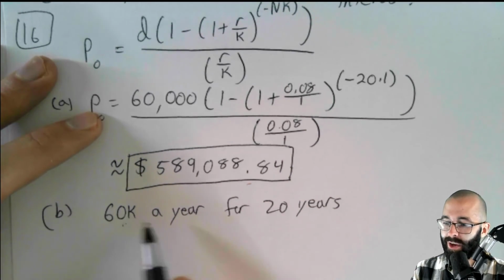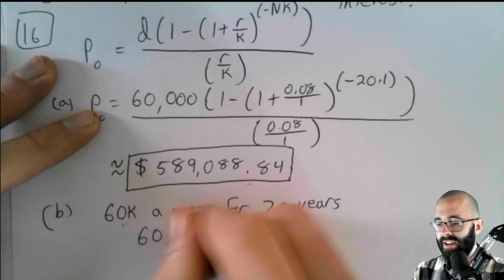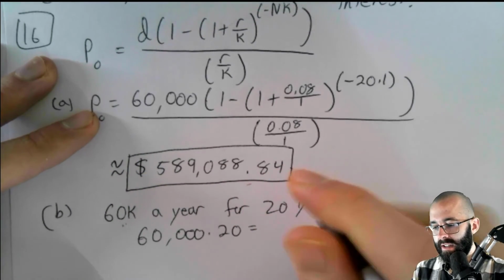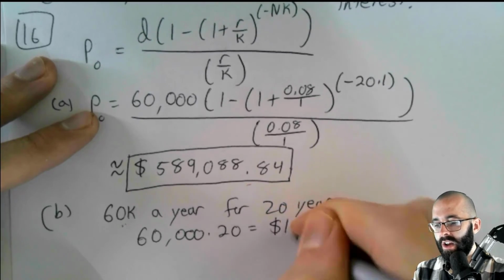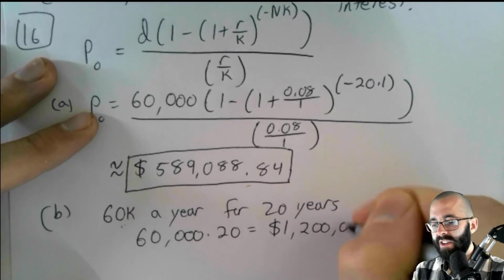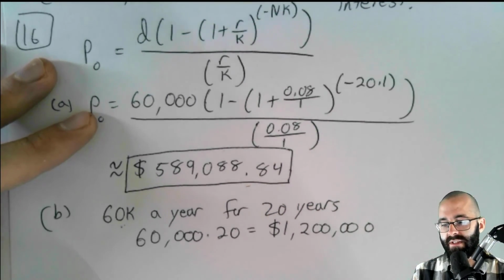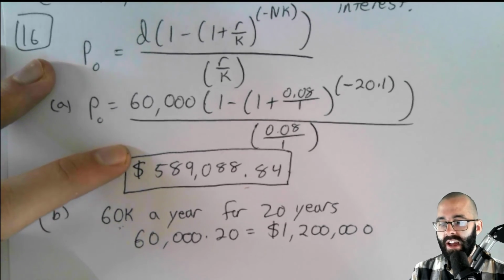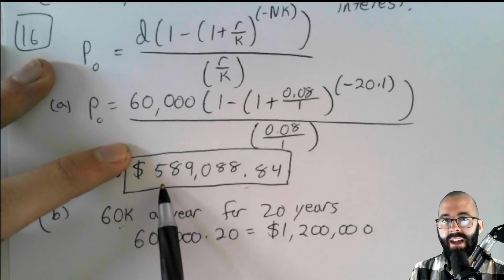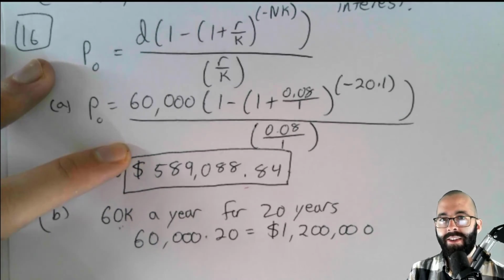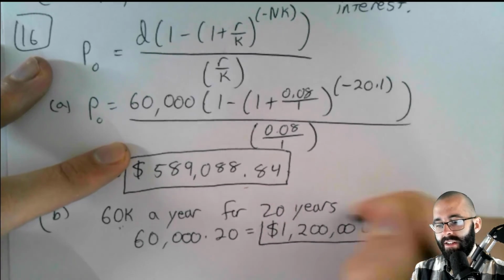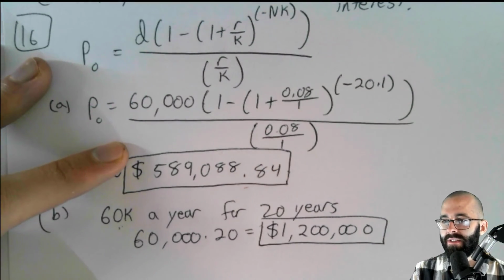We should be taking out a lot more. 60,000 times 20 is $1,200,000. 1.2 million. So even though we only had 600K, we're actually getting about double that value out of this account, which is nice.